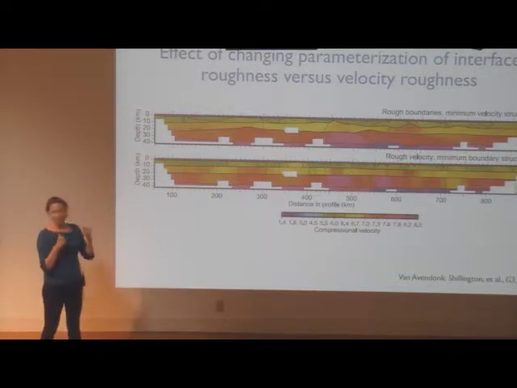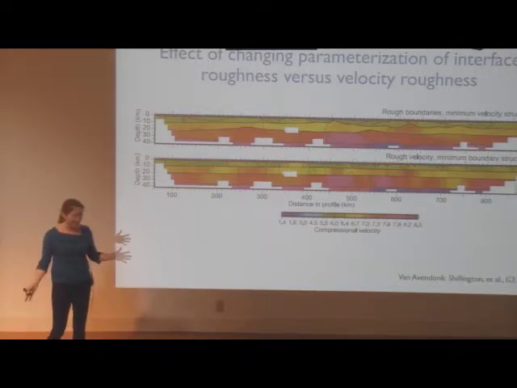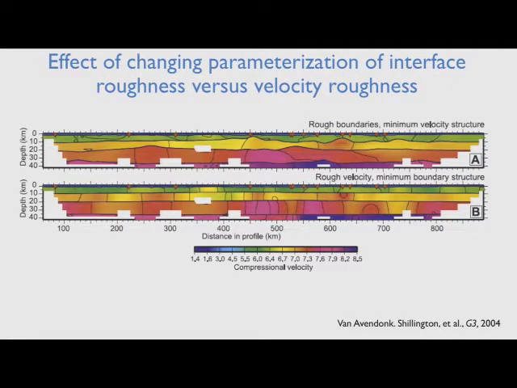Or I think that the layers are really smooth and the velocities are really rough. These are those 2 end members. And when you decide that there should be rougher boundaries and smoother velocities, then lo and behold, that's what you get: a little bit rougher and a little bit smoother.